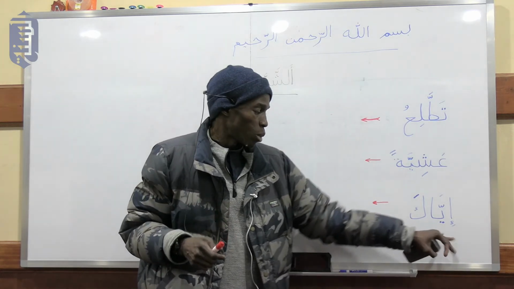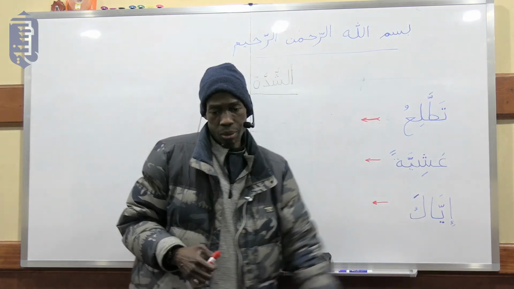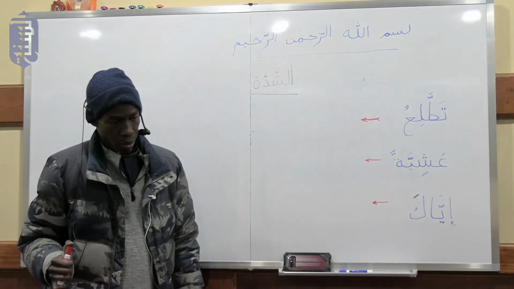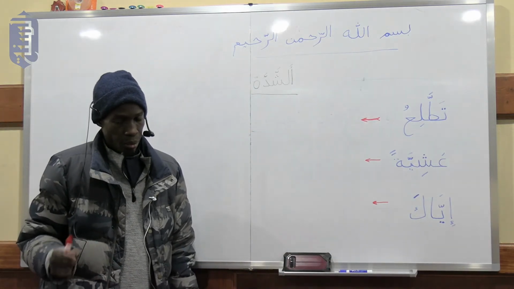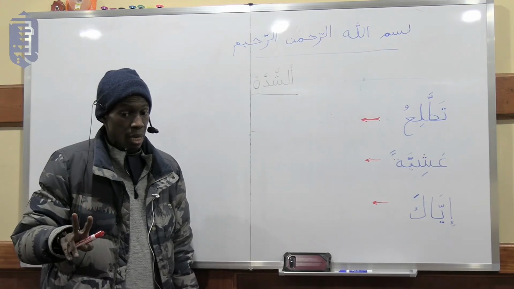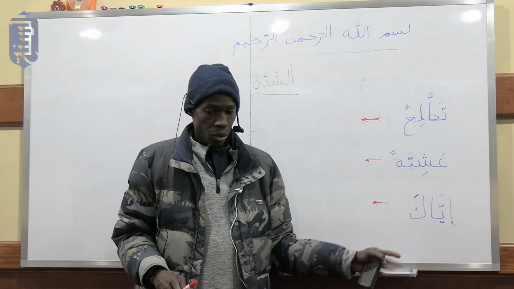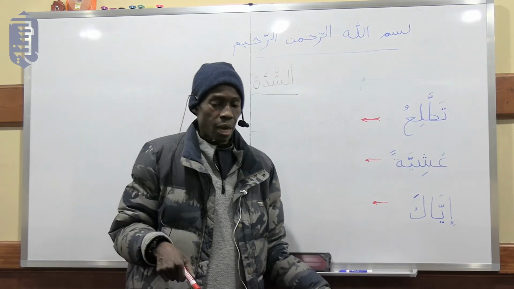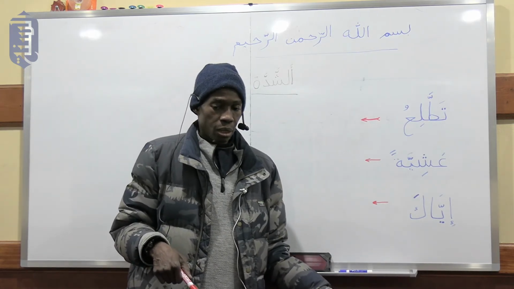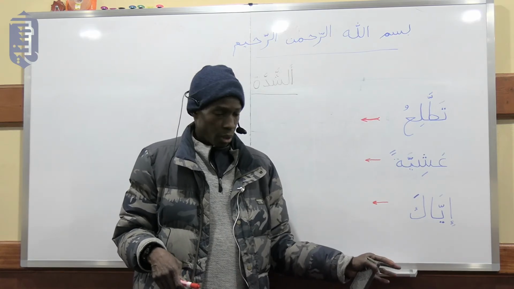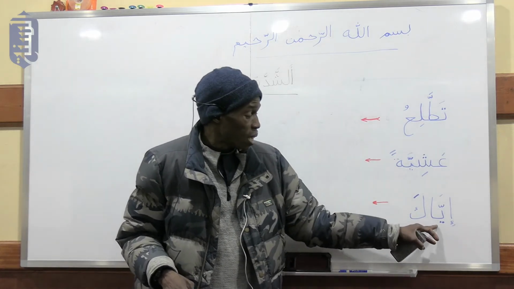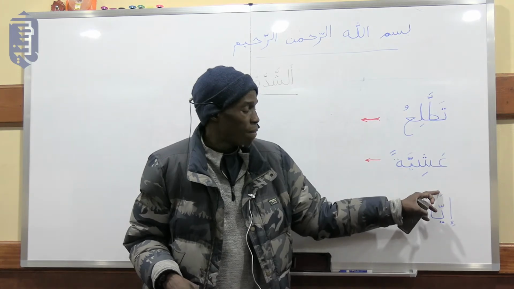So let's do the breakdown one more time. Hamza, Kasra, Ya, Shadda, E, two counts. And then you did one ya, you have to do the other ya. So the second ya is ya fatha.